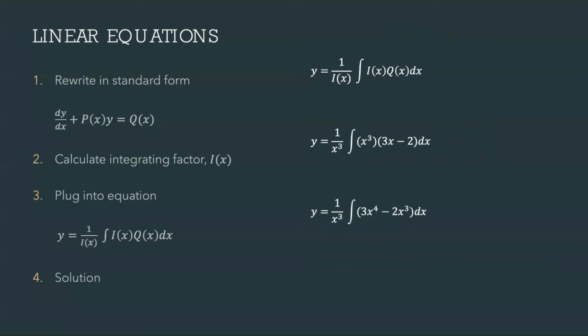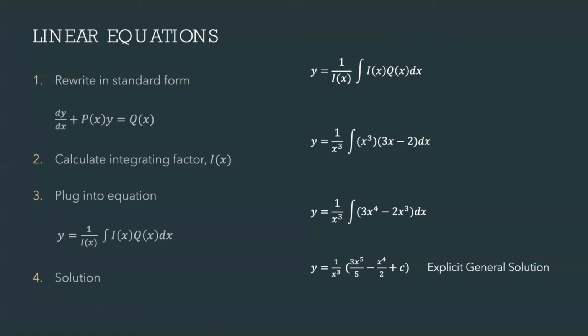I have further simplified the equation in the integral, so then it will result in y equals 1 over x cubed times the integral of 3x to the fourth minus 2x to the third dx. Solving the integral, we would have y equals 1 over x cubed times 3x to the fifth over 5 minus x to the fourth over 2 plus c.